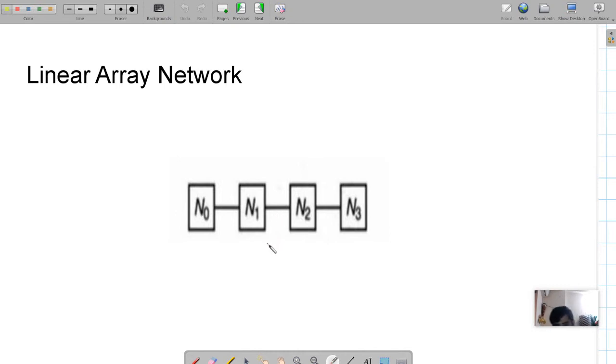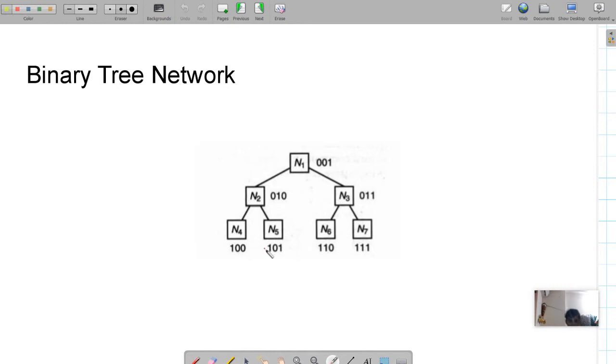Then come to the next structure. This is a binary tree network. Sorry, hope you might have studied binary tree in your maths subject. This top node is called the root node.